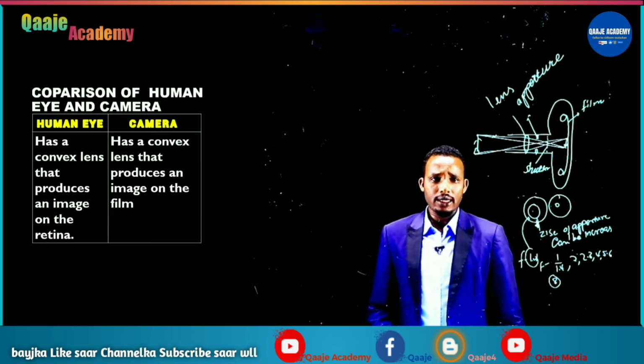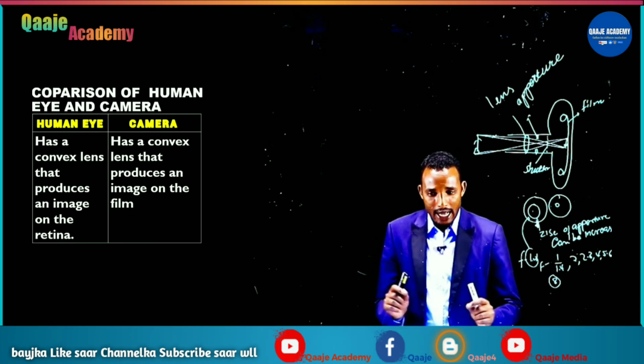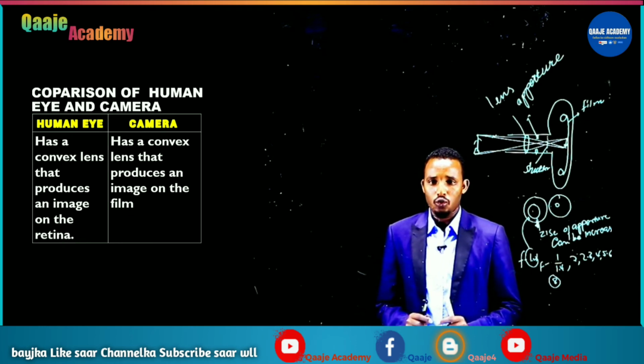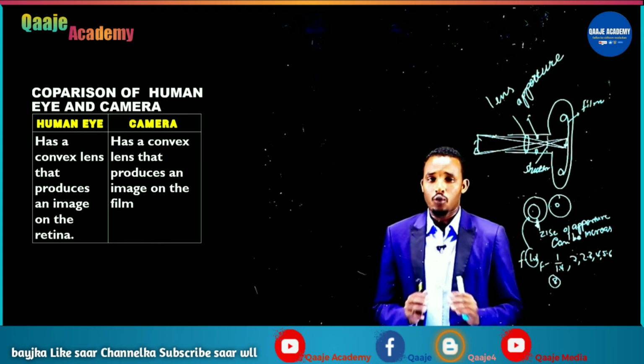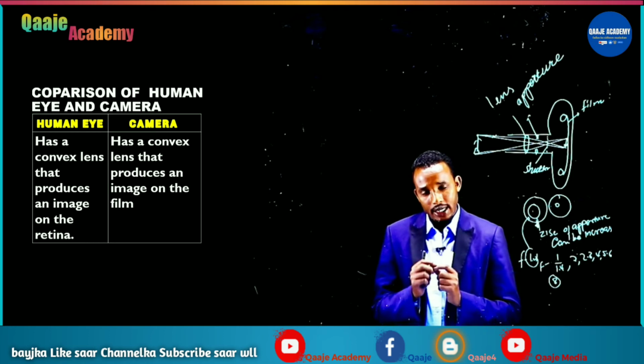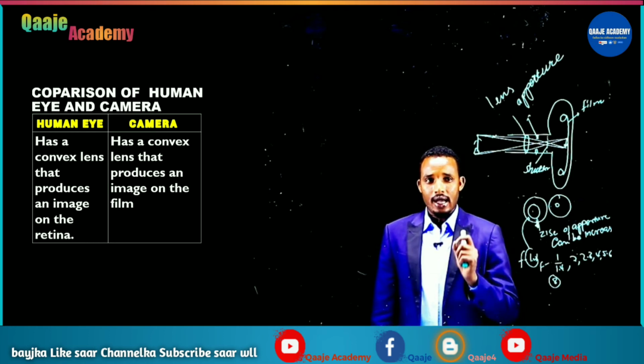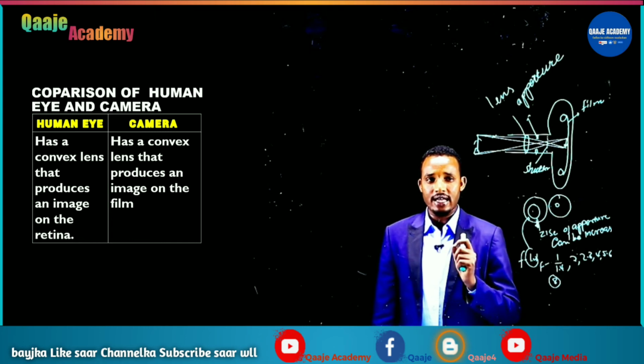Okay. Haddaba comparison of human eye and camera, isha bini'aadanka aynu soo dhiganay iyo kamaradu. What are the similarities and what are the differences of the human eye and camera, maxay iskaga mid yihiin, maxay ku kala duwan yihiin. So camera has a convex lens that produces an image on the film.